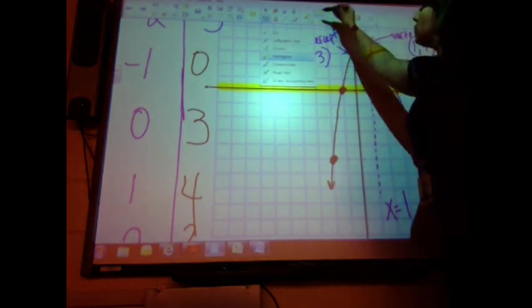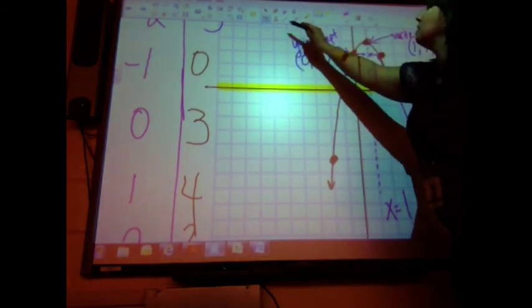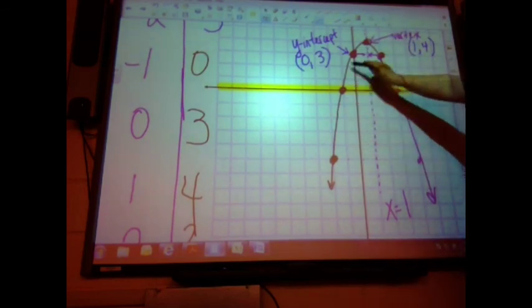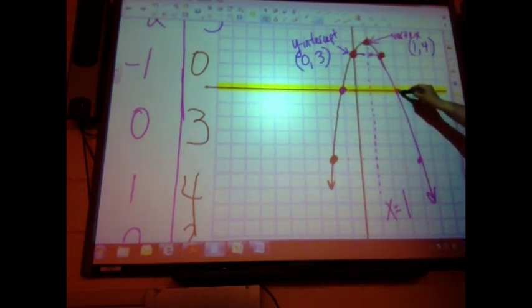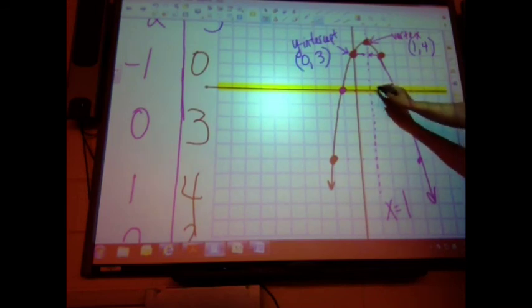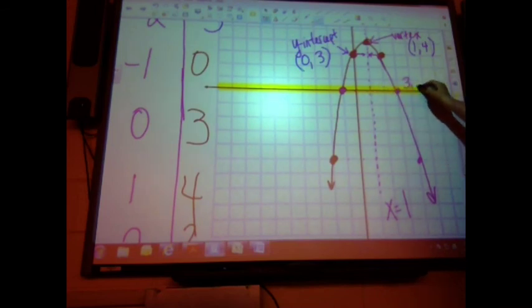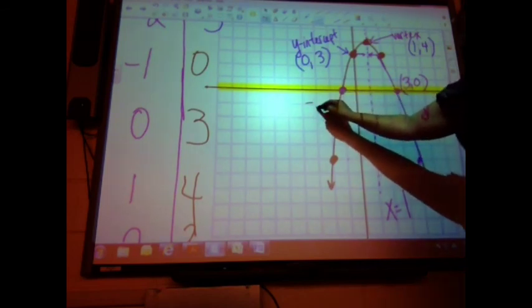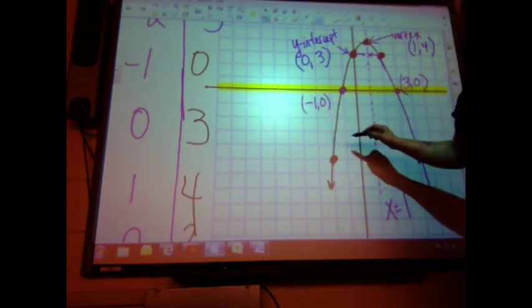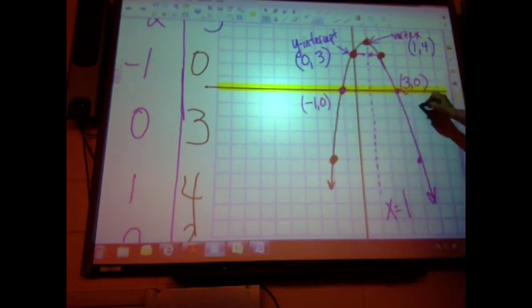So we're looking for the point where our parabola crosses it. So that'll be right here and right here. So this is at over 3 up 0. And this one from the origin is at negative 1, 0. So both of these are my x-intercepts.